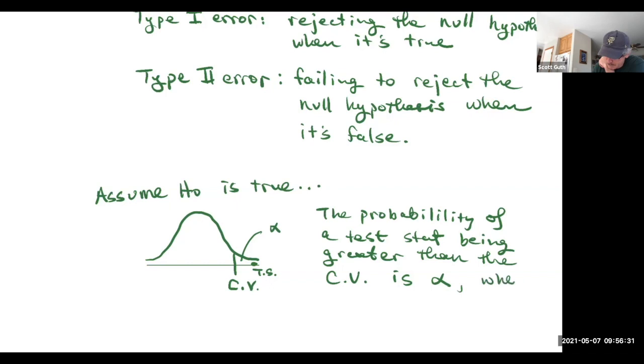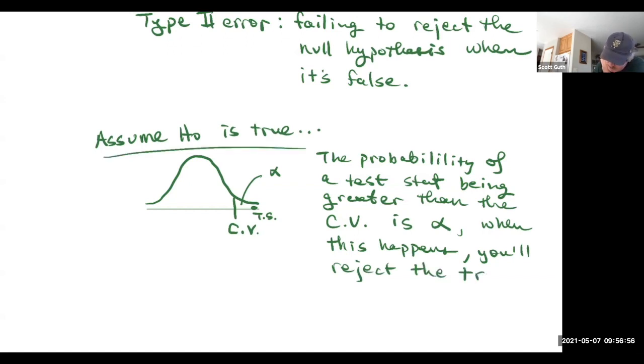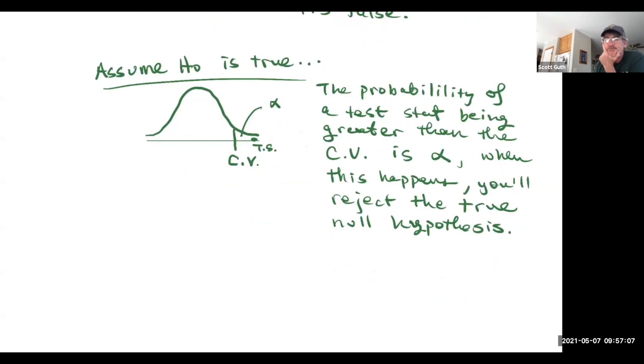When this happens, you'll reject the null hypothesis. I'll say you'll reject the true null hypothesis. Remember, we assumed it's true. And you'll have committed a type 1 error.